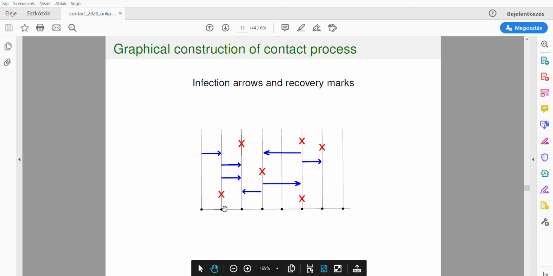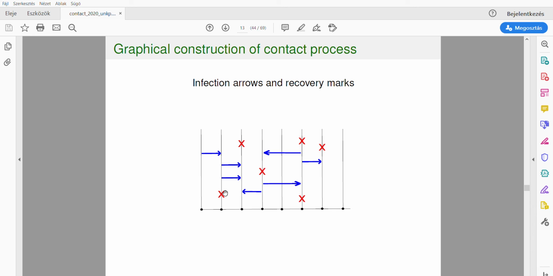So if I start from this site, and let's say it's infected at time 0, then the time it takes to meet the first recovery mark has an exponential distribution with rate 1.